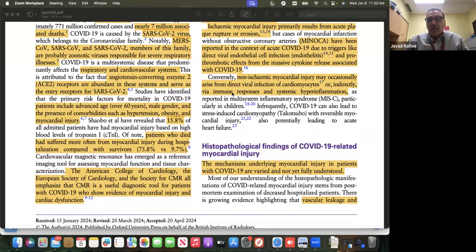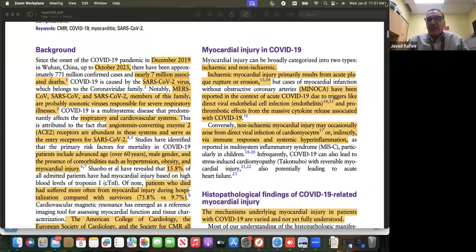So the American College of Cardiology and European Society recommended using cardiac MR to evaluate cardiac injury in patients with COVID-19.